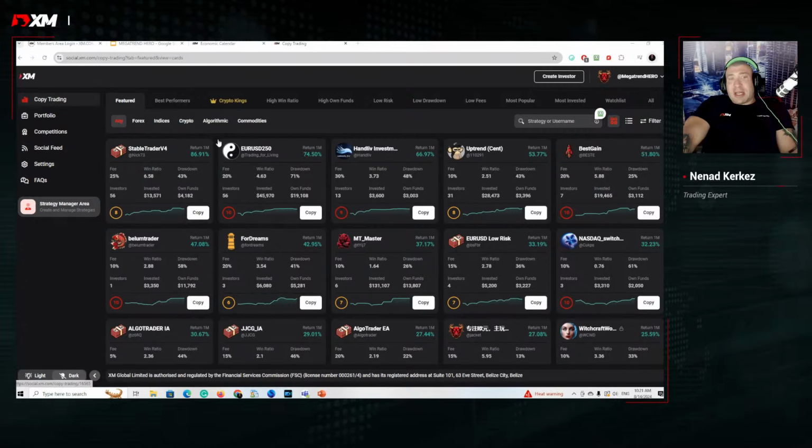So guys, if you take a look here, look, this is the name of this system or method used for copy trading. Below is the nickname of a person who actually trades the account or who owns this copy trading account. And here is some interesting statistics about their portfolio.